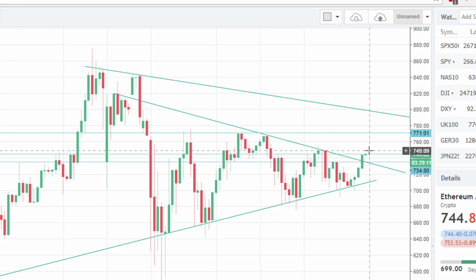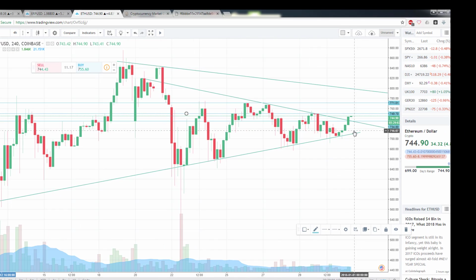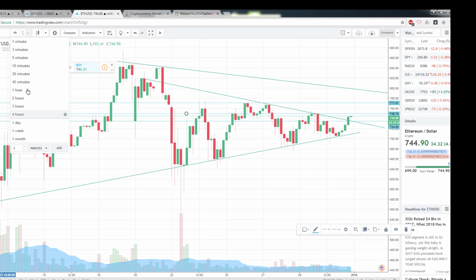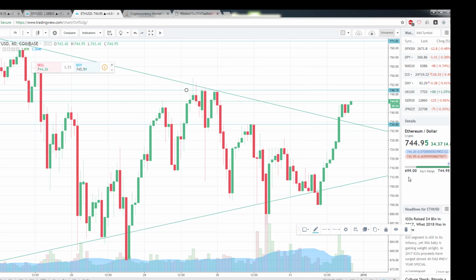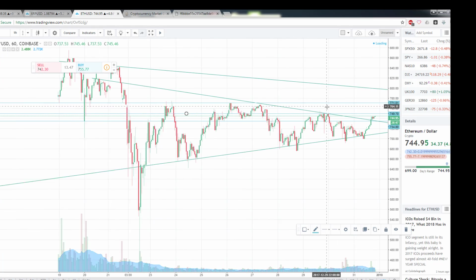I mean, this is probably one as well. Cool. So we see where Ethereum has broken a trend line, but there are roadblocks from previous resistance levels, so we'll just have to watch out for that.